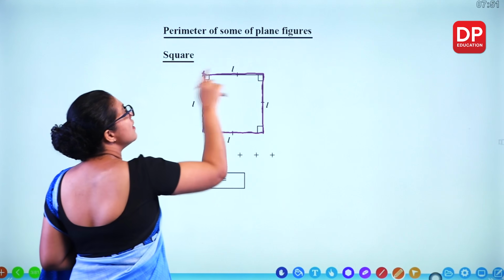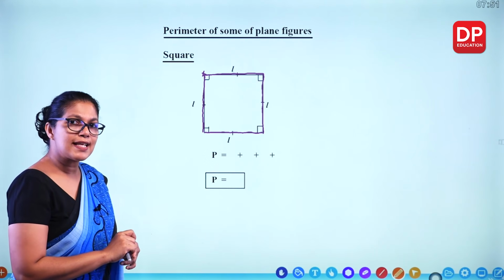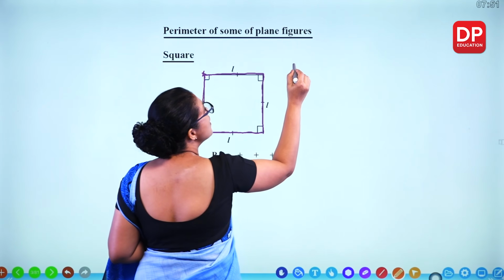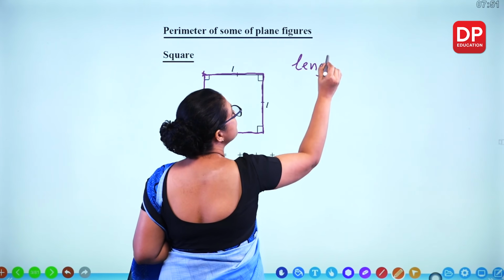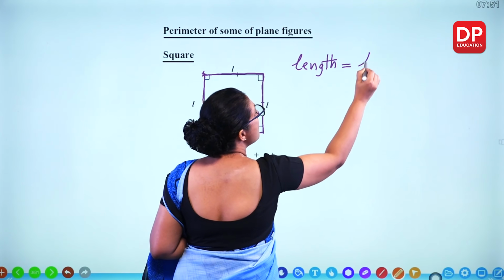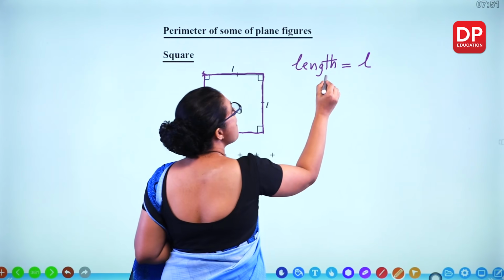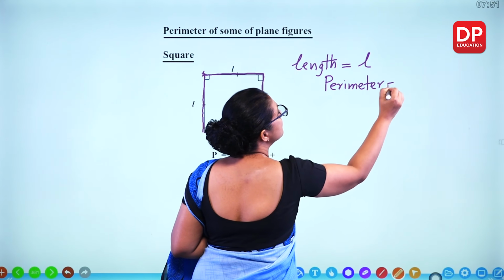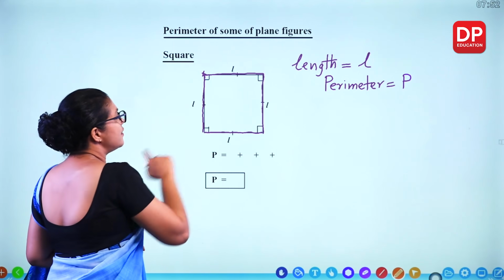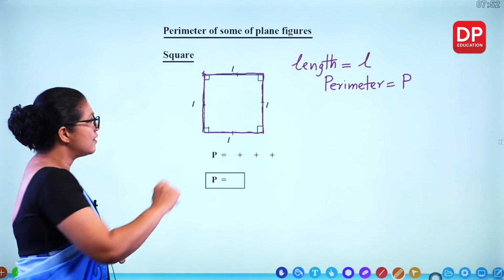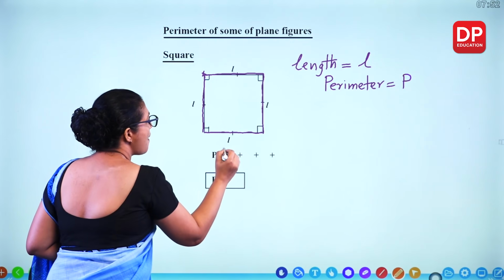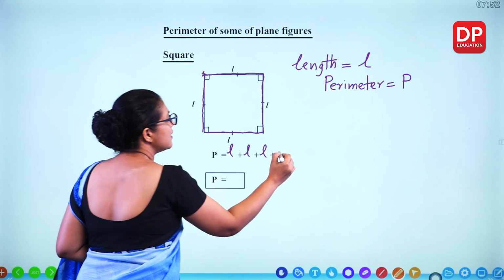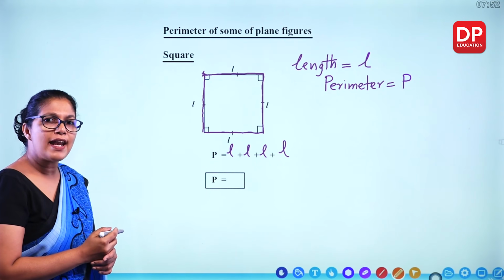If the length of one side is L, we take letters for words like length, L, and for perimeter, P. So if one side is L, starting from here, L plus L plus L plus L. These are like terms you can add.